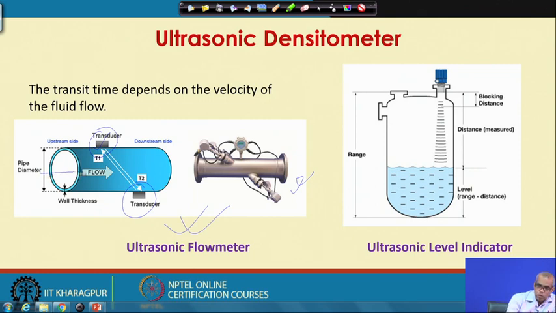So, when this flow is passing in this direction, the transit time depends on the velocity of the fluid flow.